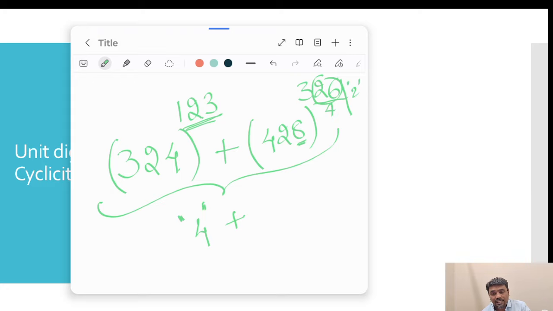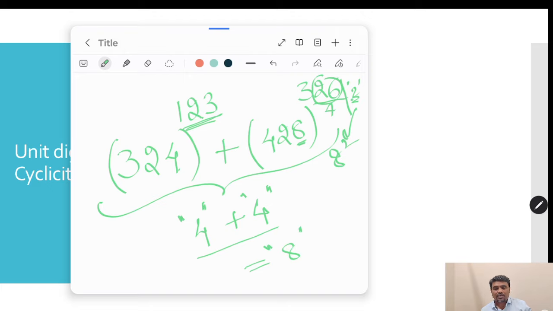That means in the cycle of 8, which is 8, 4, 2, 6, I got 2. That means the second one. Or else you can simply write 8 square. What is the unit place of 8 square? 8 square is 64. So 4. Here also 4. 4 plus 4, 8 is my answer.